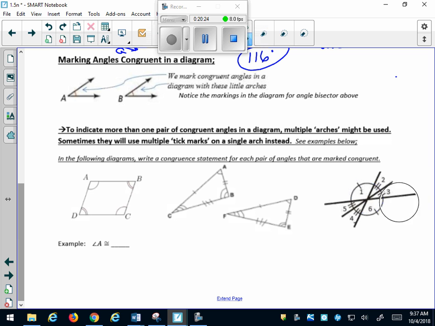You also have probably seen before how they mark segments congruent, right? So here we have, well, this is really highlighting the angle congruence, but see how this has 1 tick mark, and this has 2 tick marks, and this has 3 tick marks on the sides.